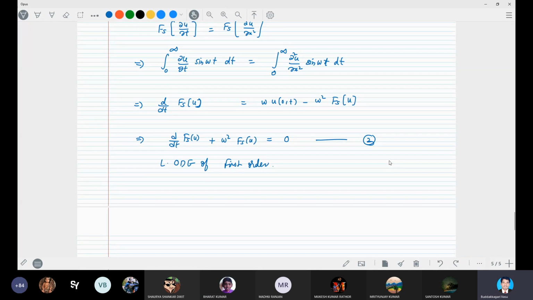You can separate the variables or not require the separation. ∂u/∂t plus ω²u equals 0, or you may take it y equals Fsu. So this is dy/dt plus ω² y equals 0. How can we solve this?